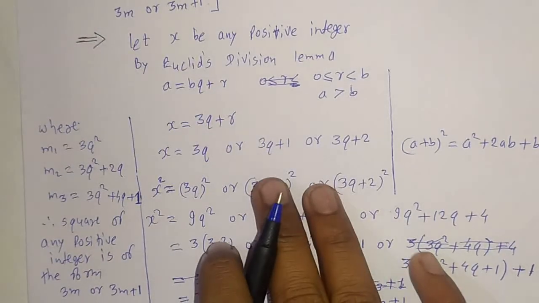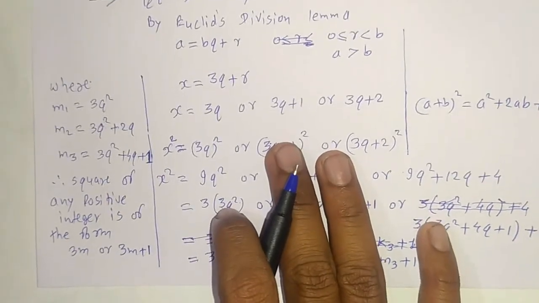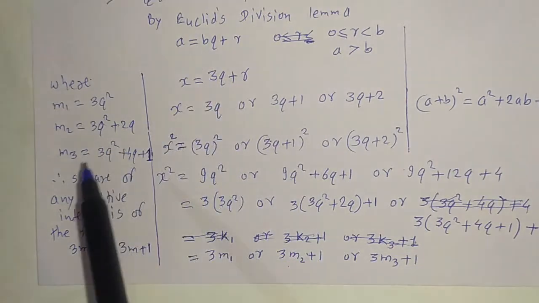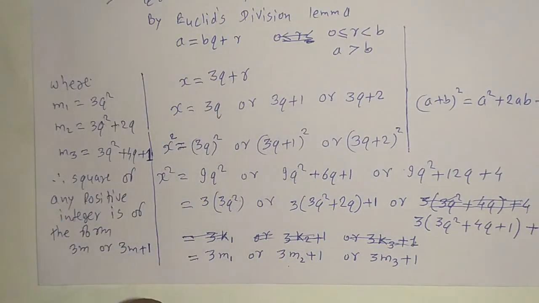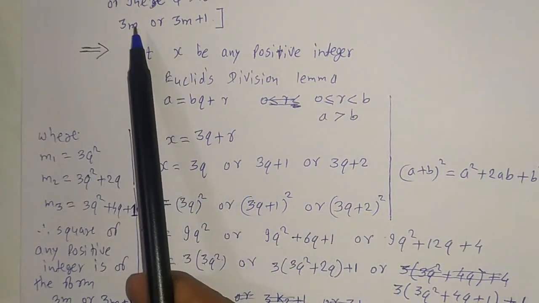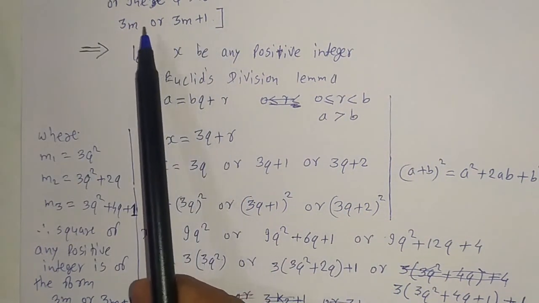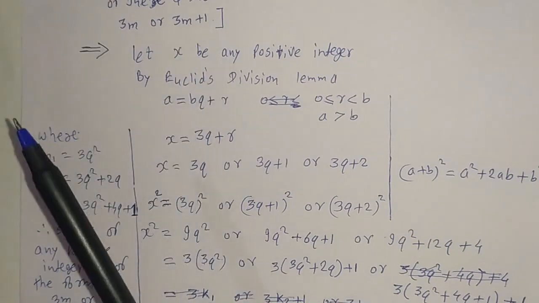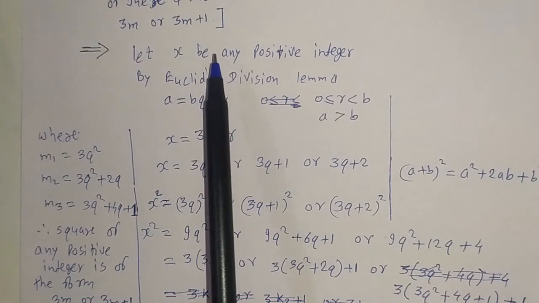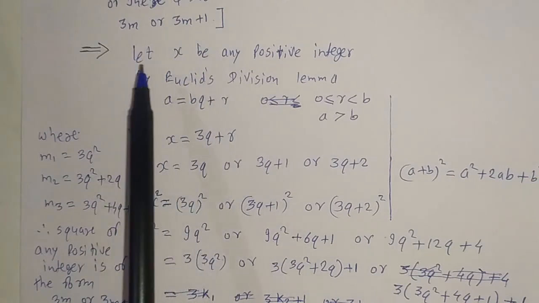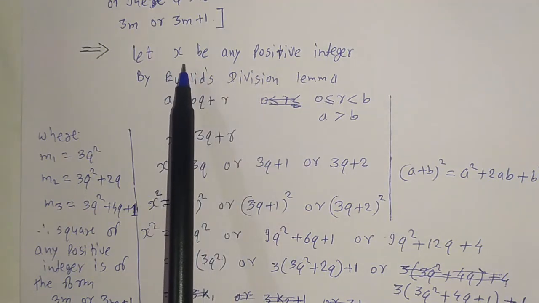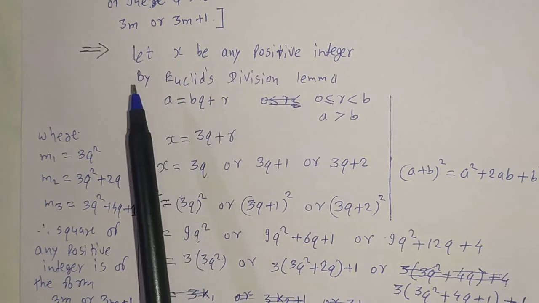So let's look into this problem one more time. What was asked here is you have to show that square of any positive integer has these two forms: 3m or 3m plus 1. So we have assumed one letter as positive integer. So let x be any positive integer. So x is a number which can be any positive integer.